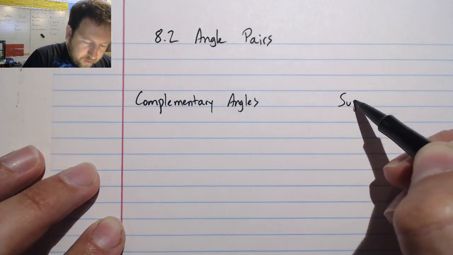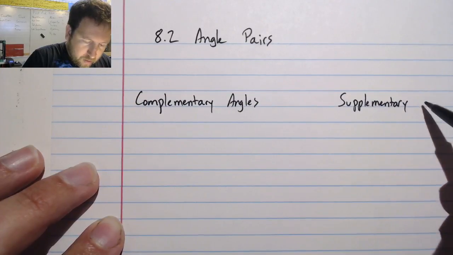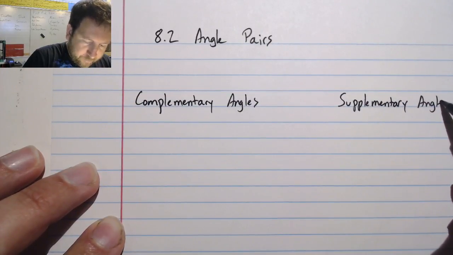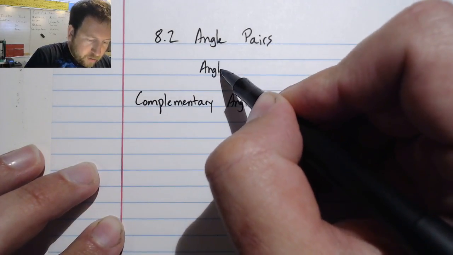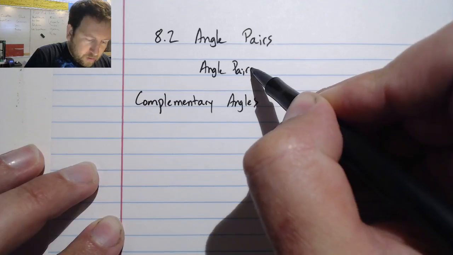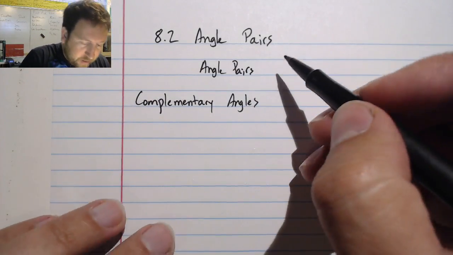Angle pairs are angles we can add up together to a specific sum.